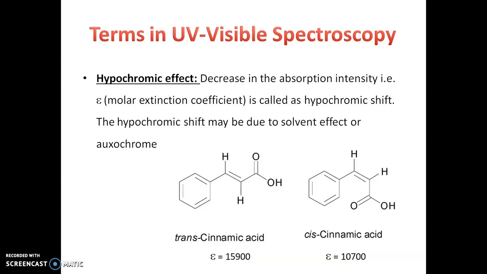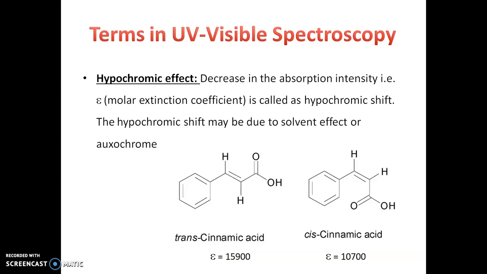The same cinnamic acid in the cis form shows a decrease in the absorption intensity due to the cis conformation, and the epsilon value for this is 10,700. So there is a decrease in the epsilon value, hence it is called a hypochromic effect.